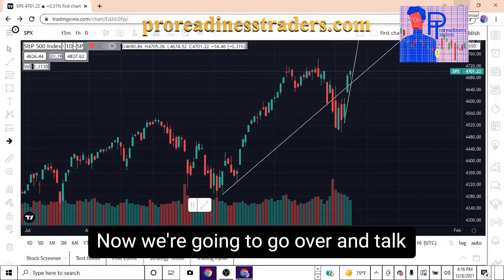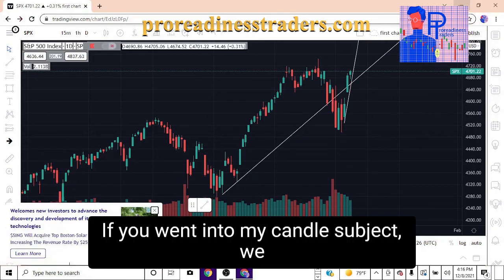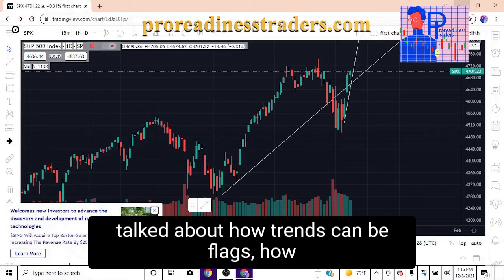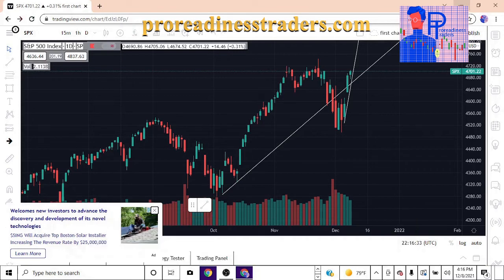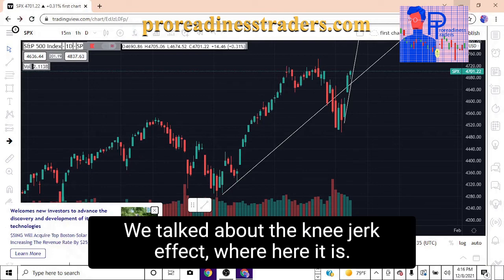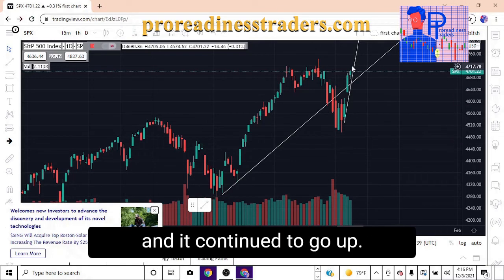Now we're going to go over and talk about trends also forming different shapes. If you went into my candle subject, we talked about how trends can be flags, how it can be consolidating, going sideways. We talked about the knee-jerk effect where here the market went down and it continued to go up.